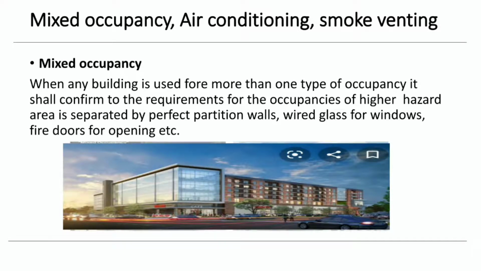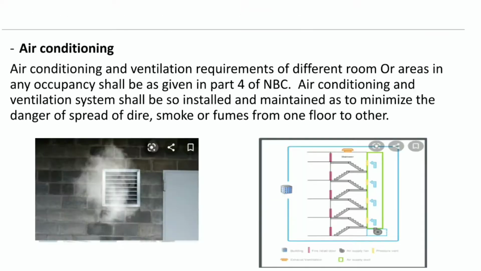In one floor there is a school, on another floor there are institutional offices, or on one floor there is an insurance bank, like that. There are many different occupancies working together in one building. For that you should have easy accessibility, pathways and many other requirements. This is called mixed occupancies.